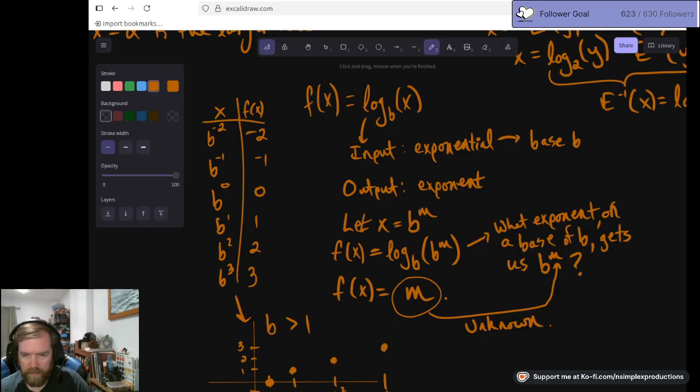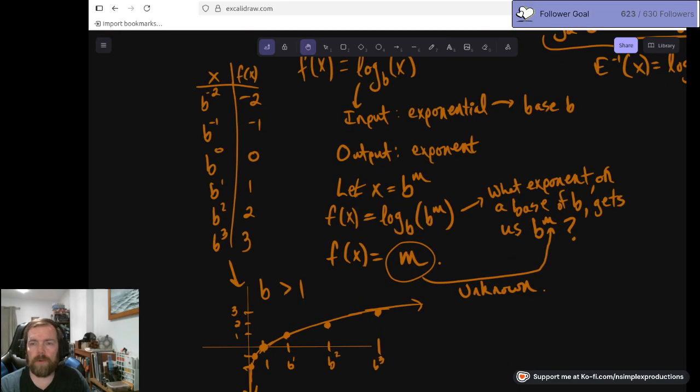Okay, and then b to the negative first is going to be here, b to the negative second is going to be here, whatever it's going to look like. Roughly speaking, something that looks like this. So those are going to be the nice values that we want to go for, no matter what we're doing, no matter what b is.